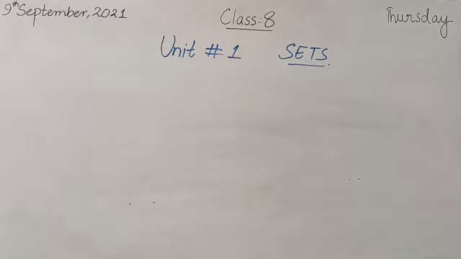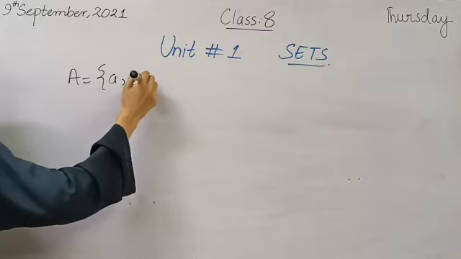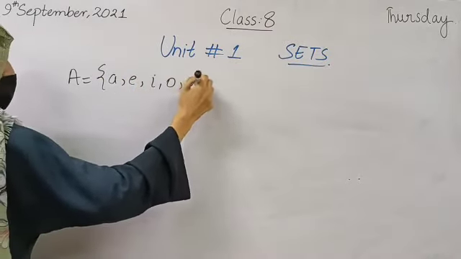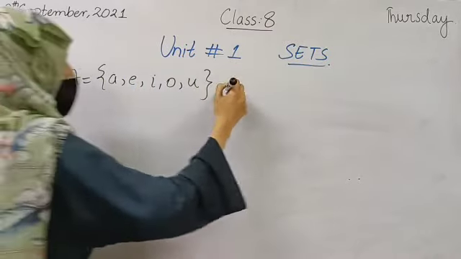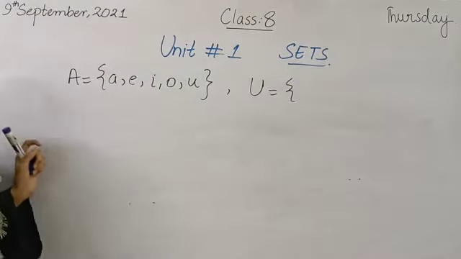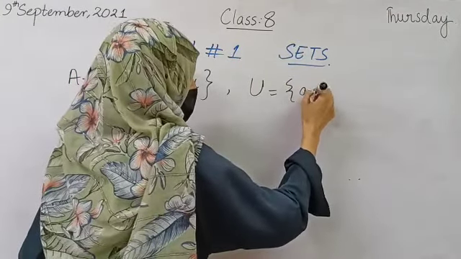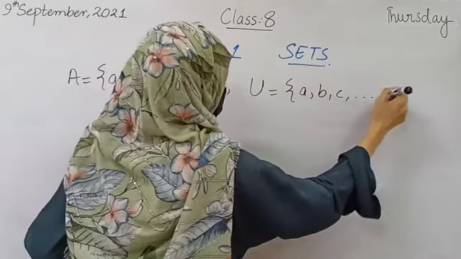For example, a set A which is set of vowels and its universal set is U. Universal set is always denoted by U. Universal set is U, which contains all the alphabets.